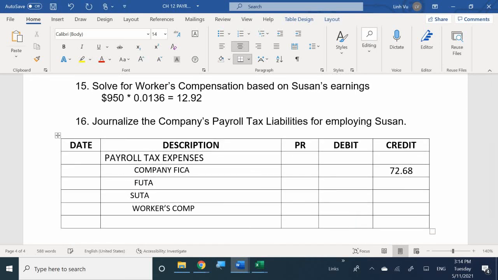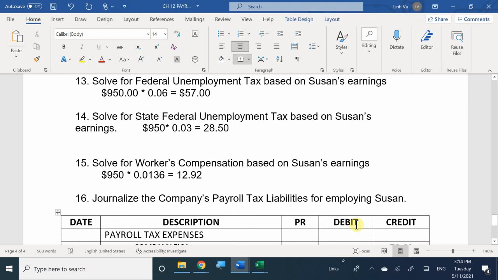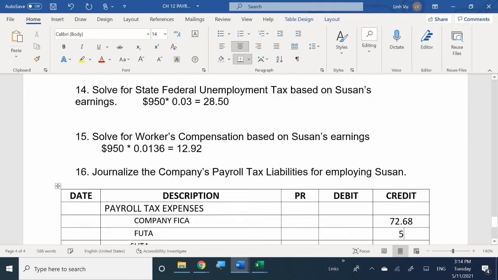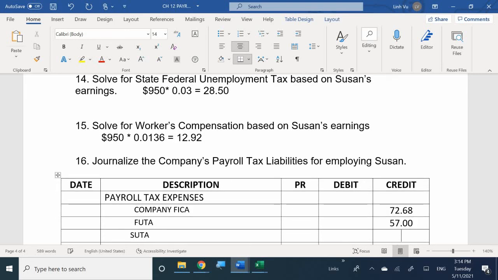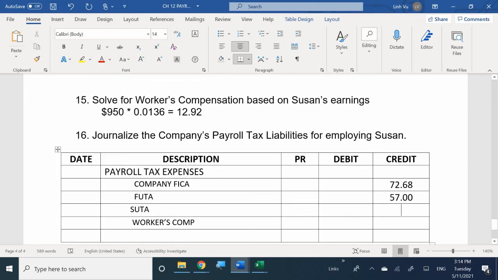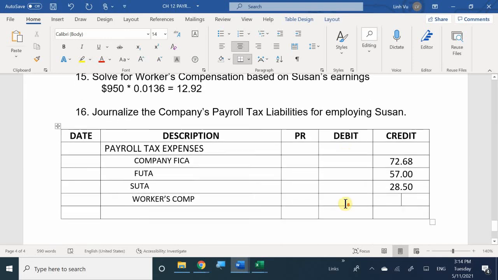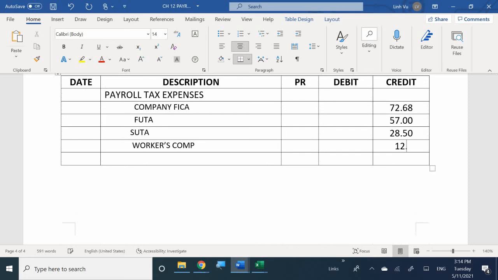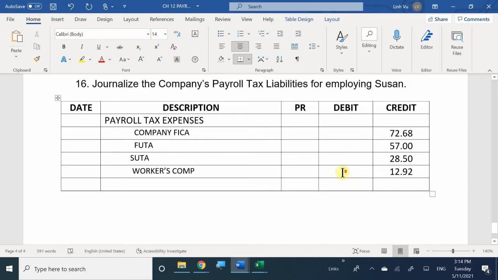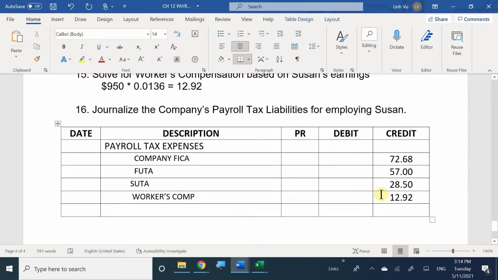How much was FUTA? 5.70. How much was SUTA? 28.50. And last but not least, what was the workman's comp? 12.92. So therefore, what is the total amount of taxes that the company must pay for Susan? $171.10.